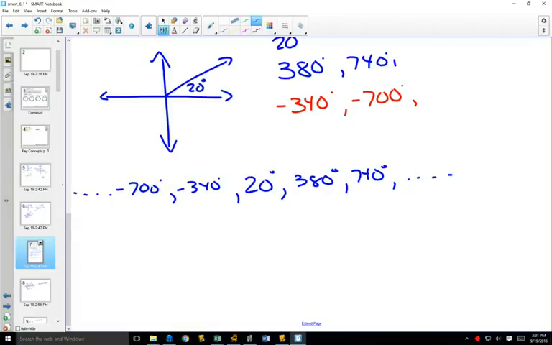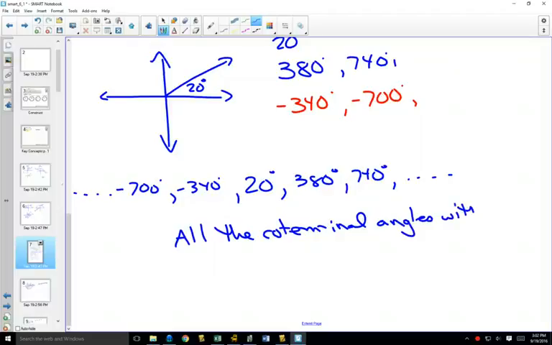The way that mathematicians would like to write them all down is to ask, what is the pattern that you see? The pattern is you're adding 360 or subtracting 360 as many times or as few times as you would like. So how do we write that? All the coterminal angles with 20 degrees would be written this way.